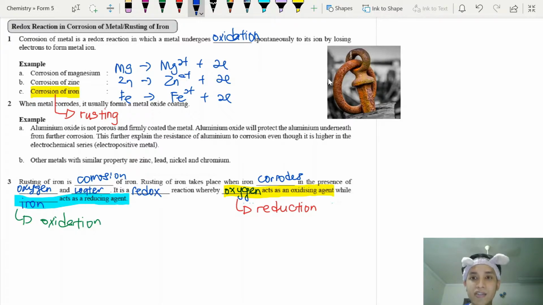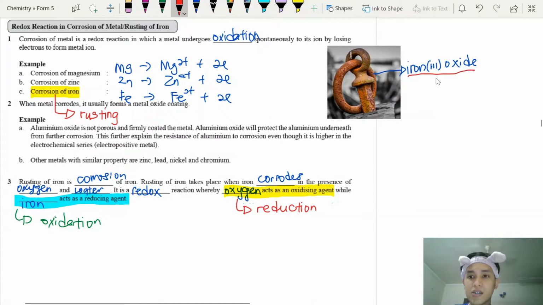And this rust, the brownish red thing that you're looking at here, is actually your iron 3 oxide. Your iron will undergo oxidation and later on form iron 3 oxide. This is what we call rust, the brown thing here.